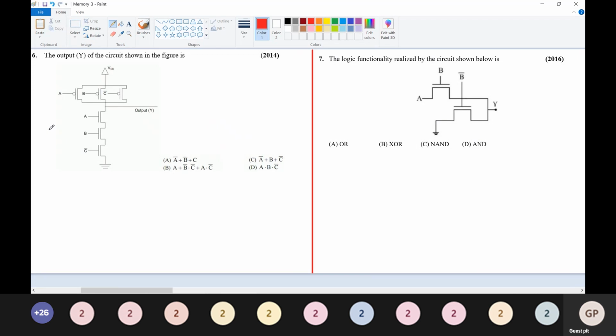As we already discussed, we are going to write the SOP expression in complemented form with respect to your output terminal to ground. So F is equal to the SOP expression in complemented form.